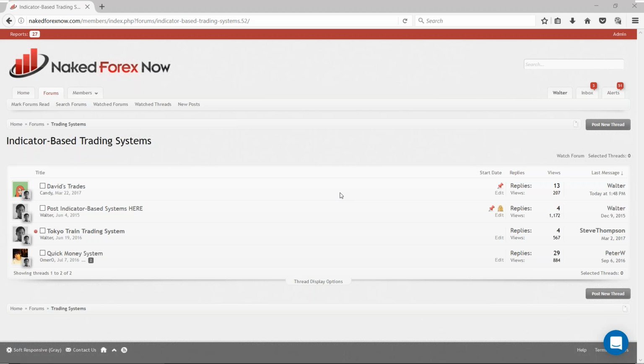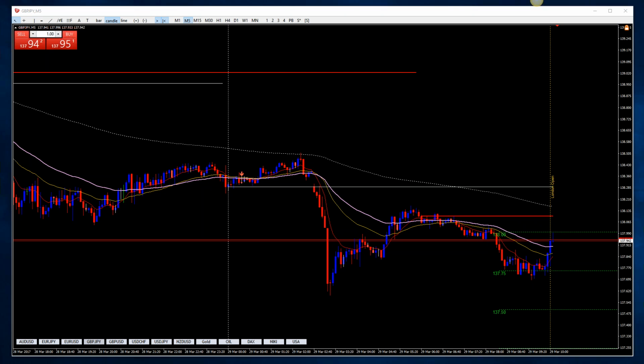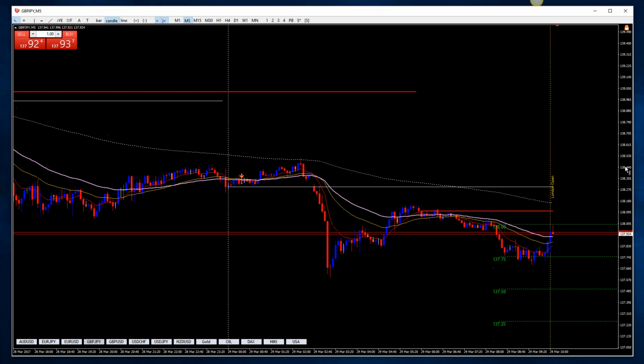Sure, just let me figure out which monitor I'm on here first. I have the same problem. I have many monitors, so all right. So you guys are able to see my 5-minute chart there? Yeah, it's a black pound yen. Yeah, there you go.